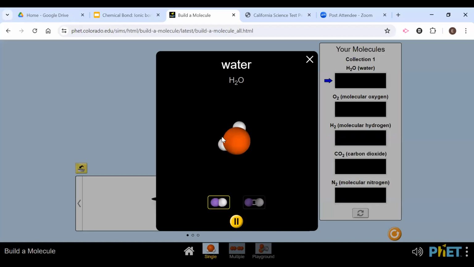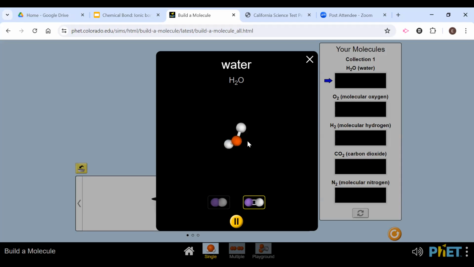This is stable now. There's something connecting this atom and this atom, and something connecting this atom and this atom also. Each of these atoms is stable because they combine with another atom to be like a noble gas.